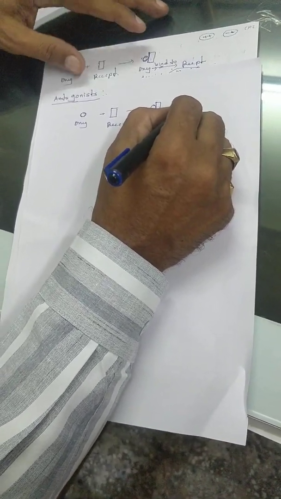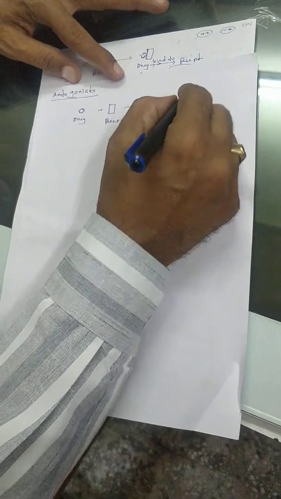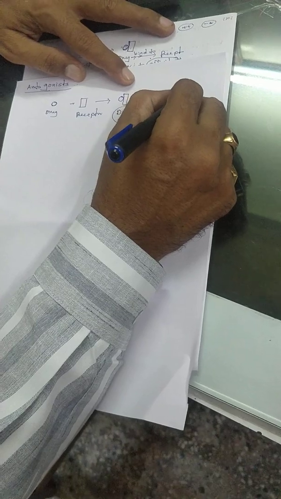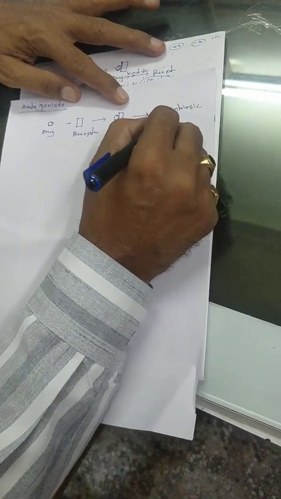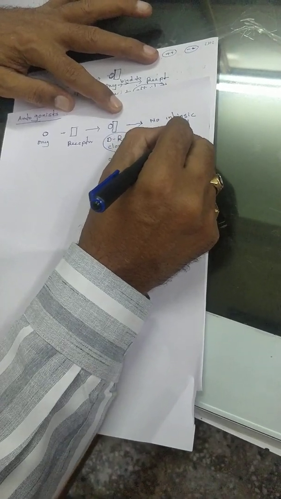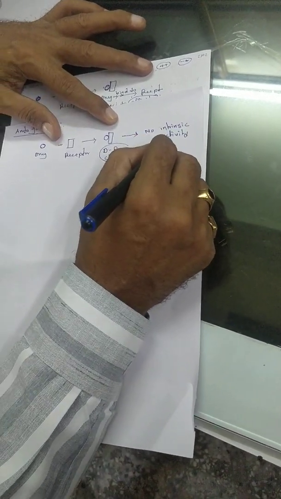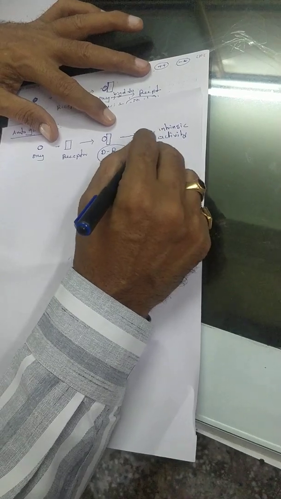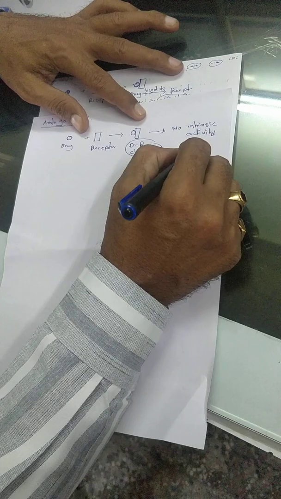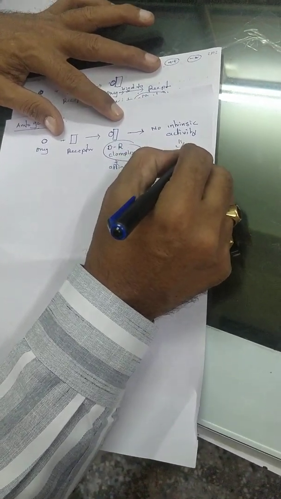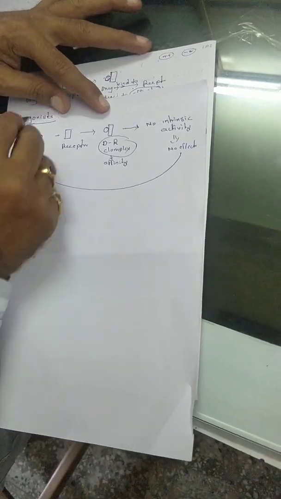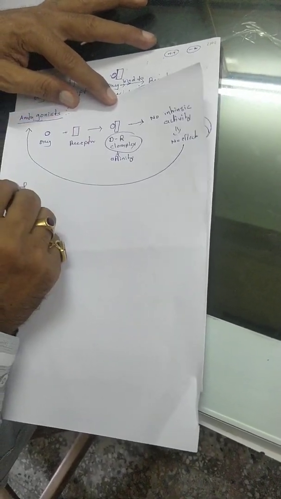Next, after this complex is generated, there is no intrinsic activity. No intrinsic activity means no effect. This is called an antagonist. Generally, an antagonist may be called a blocker.